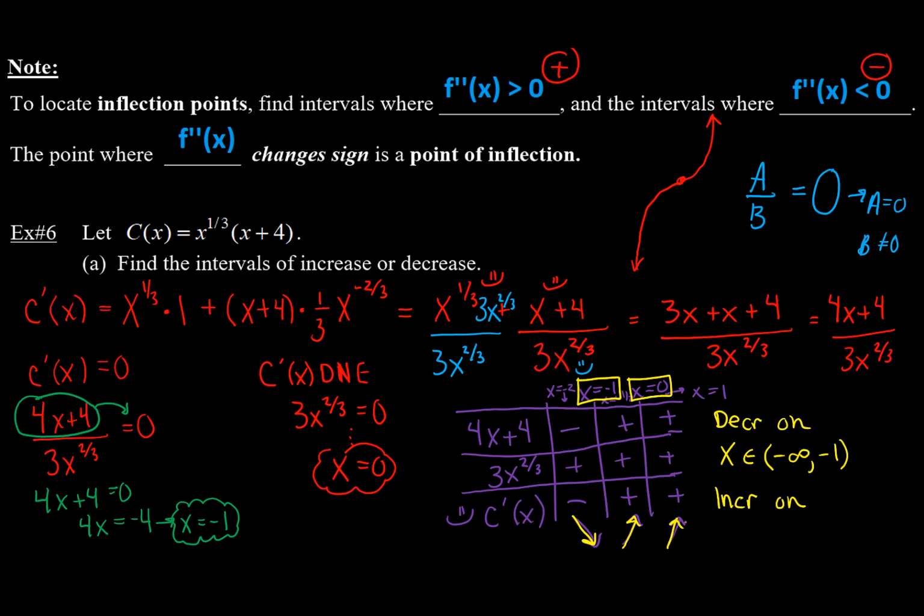All right, now I can't just stick them together. This is a two-piecer. So it is increasing from -1 to 0, and then from 0 to infinity.